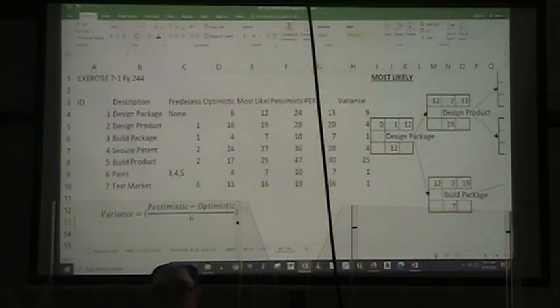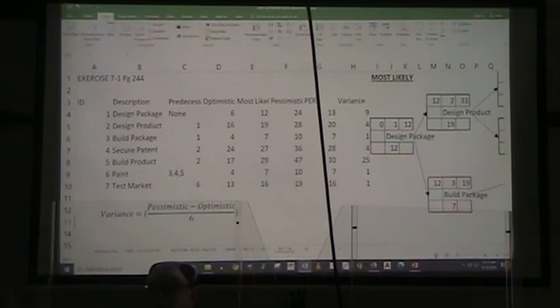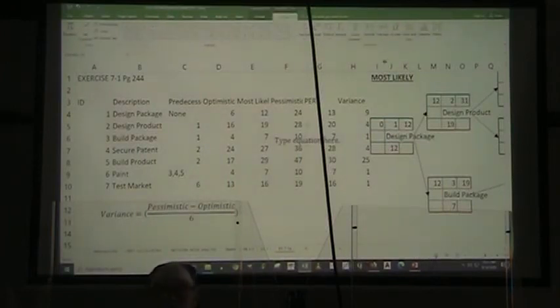All right, well, we've calculated our variance, but how do we calculate our z number?